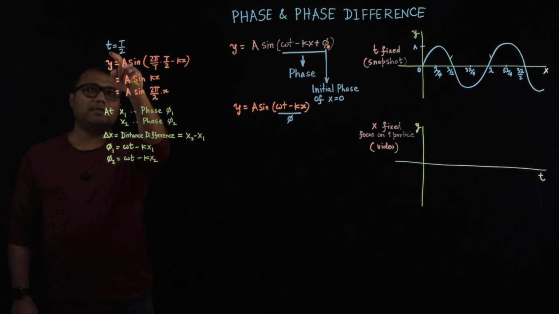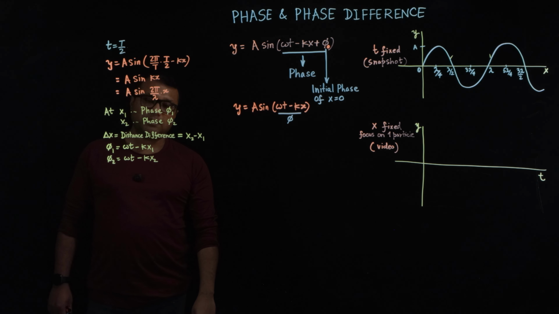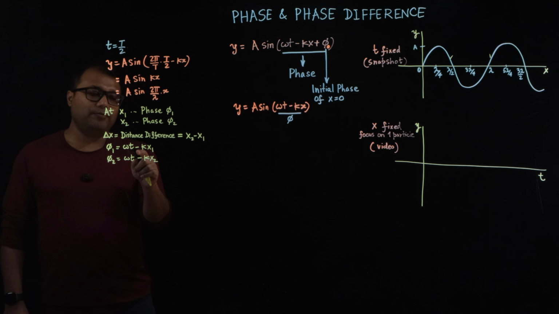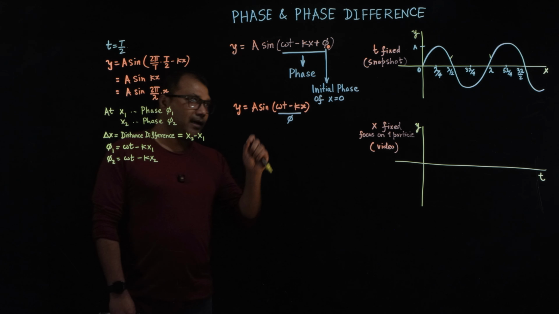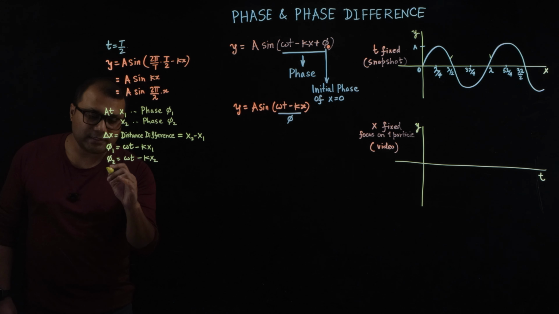Obviously, since we are doing t is time period by 2, we can substitute that. But in general, for any time, if we are looking at x1 and x2 at a particular time, this is what it is.